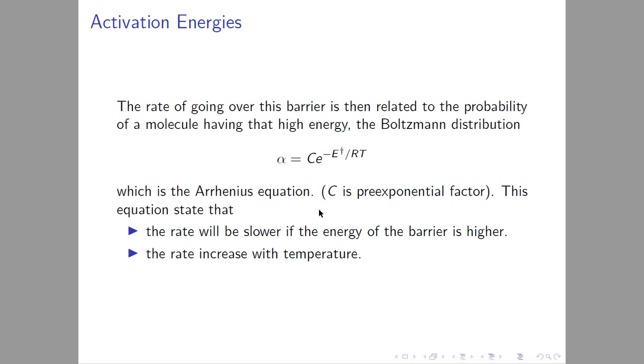Here you can see that if this is the energy barrier, the rate will be slower if the energy of the barrier is higher. It is like climbing a mountain: if the mountain is too high, it will be much slower for us to go from one side to the other side.